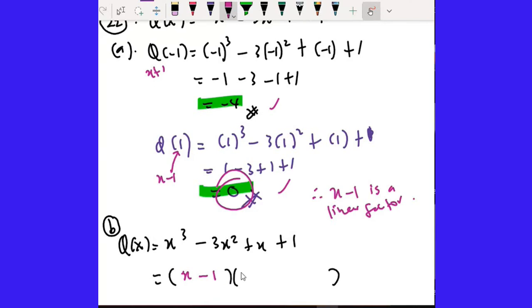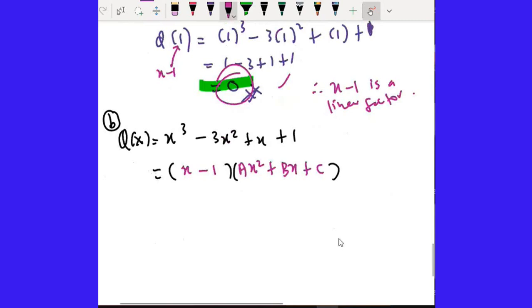Now you need to find quadratic. Okay, quadratic. Or x squared plus bx minus 1 by inspection, right? Or just follow the procedure to find A, B and C.